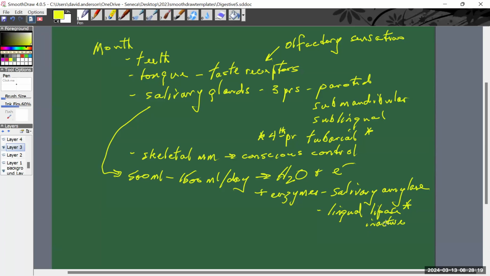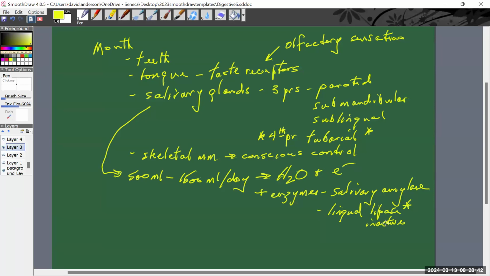If I was to ask you a question, for example, about where the first location is for chemical digestion of lipids, it might be easy to say, well, lingual lipase. Lingual has something to do with the tongue. It's released by salivary glands. The first location for chemical digestion of lipids would be in the mouth.